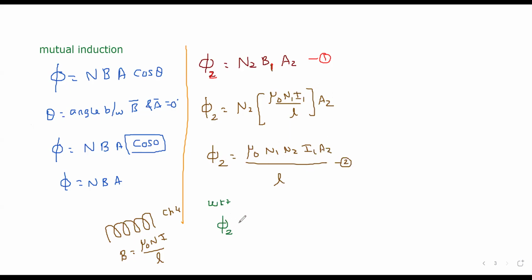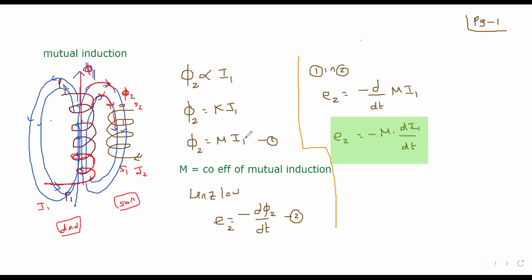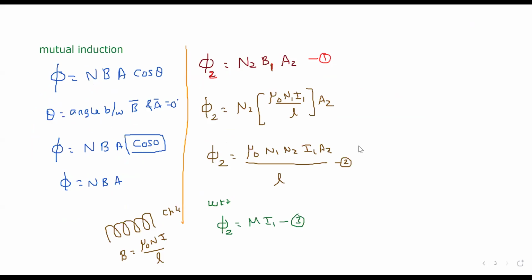But we know very well from the previous page, phi 2 is equal to M I1. Equation number 3. Third formula taken from the previous page. Now compare 2 and 3.